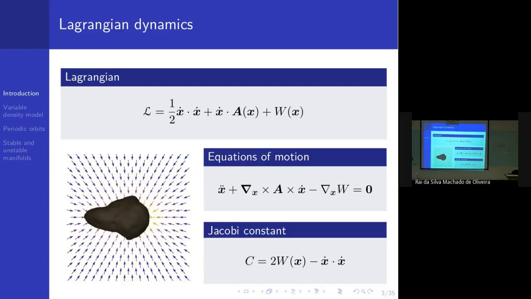No, well, we are just supposing that the satellite orbiting the asteroid is just a particle, so it doesn't influence the rotation and orbit of the asteroid. Of course, you can make this model more realistic by doing so.